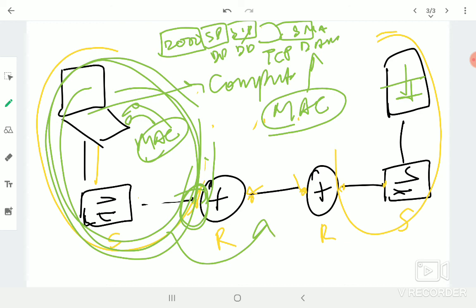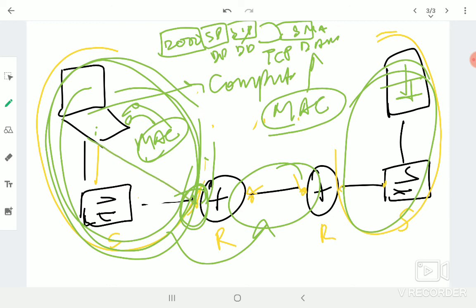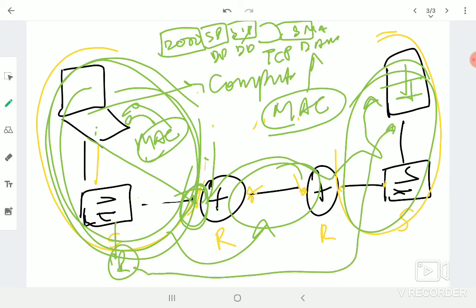So over here we have got three different networks, one, two, and three. So MAC address will help this computer to reach the router from where it knows the path to the destination. We might have another router over here, but this router might not have a path to reach this database, right?